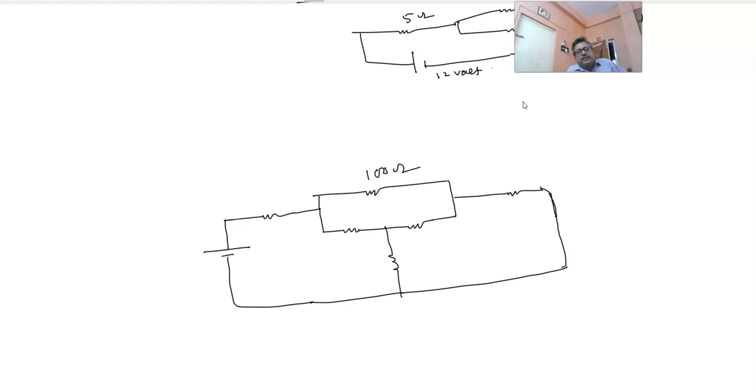This resistance, suppose I am taking 40 ohm. This one say 60 ohms. This one I will be taking say 78 ohms. This one say 90 ohms. This one 30 ohms. This one like 40 volt.